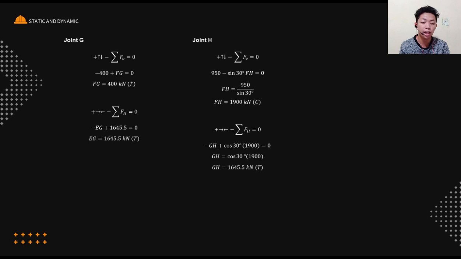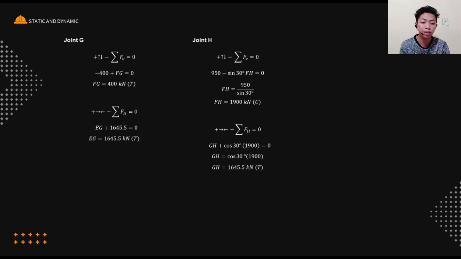So, yung summation forces vertical natin na 400 kilonewton na tension is pababa siya, so magiging negative. Tapos yung FG natin na inassume natin na tension, tapos pataas yung arrow niya, naging positive siya. So kapag nilabas natin yung FG, yung negative 400 dun sa equation, FG is equals to 400 kilonewton, which is nag-positive. So tama uli yung assumption natin na tension siya. Next is dun tayo sa summation forces horizontal, which is kapag pakanan is positive, then pag pakaliwa is negative.